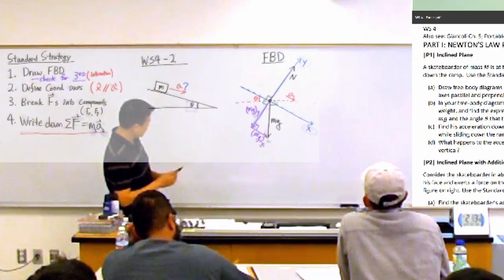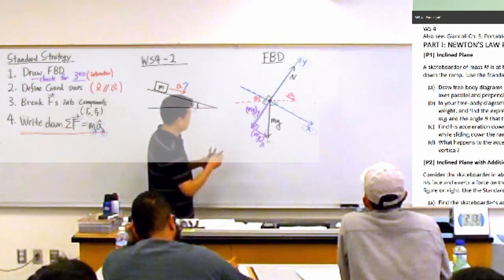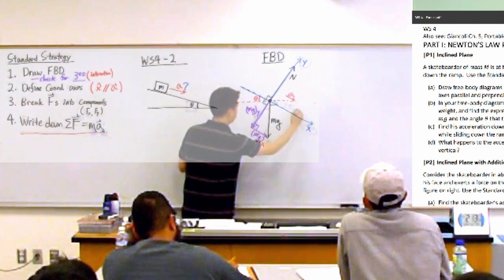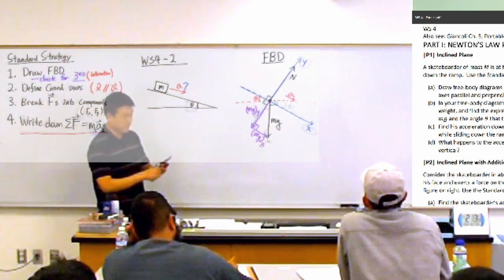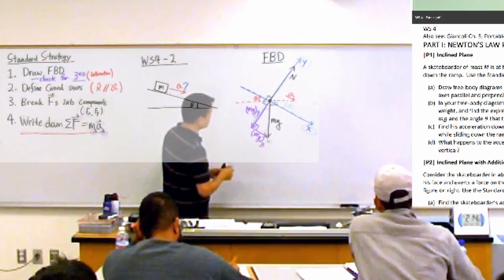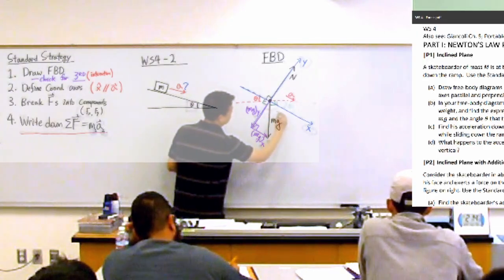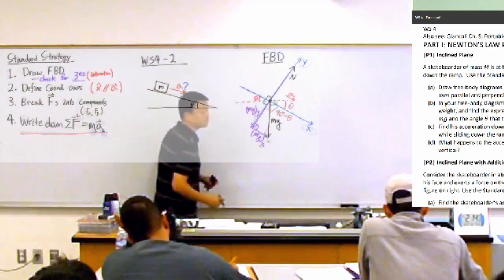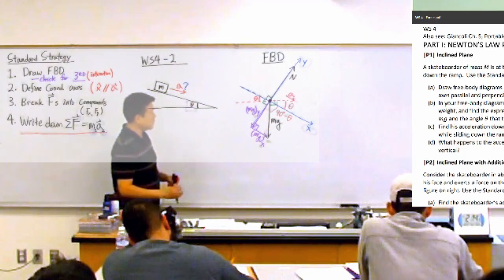I think the quickest way to get to one of these two angles is to say this is also theta. Everyone sees that? Yeah, it's the other side of the theta that I labeled. So what I can say is that this angle here is 90 degrees minus theta. Everyone okay with that?